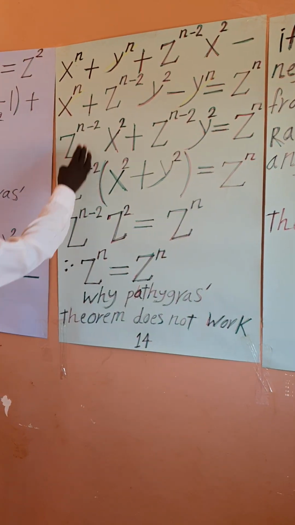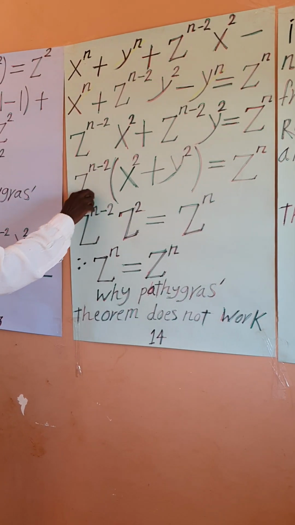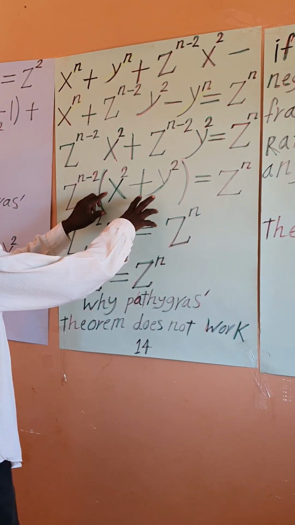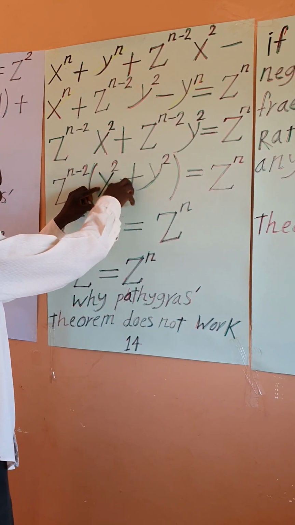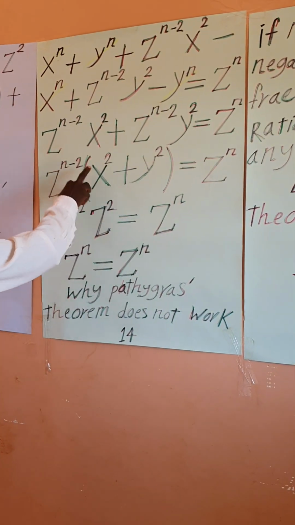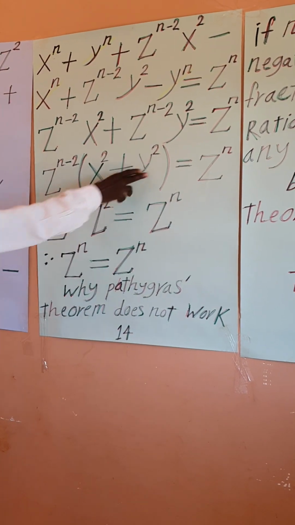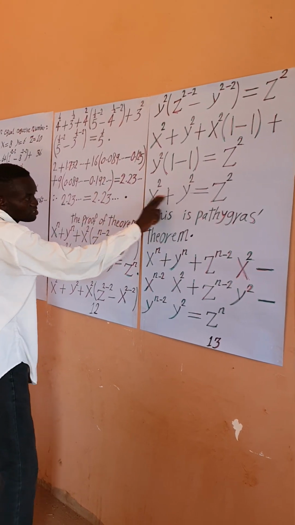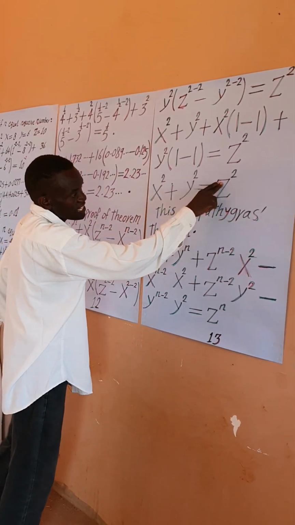If we take z to n minus 2 out of the brackets, inside the brackets x squared plus y squared equals z squared.